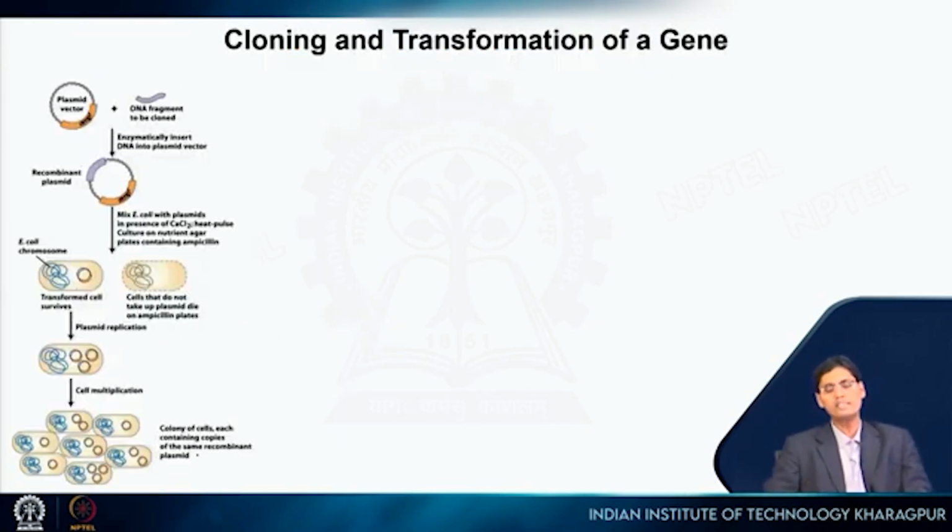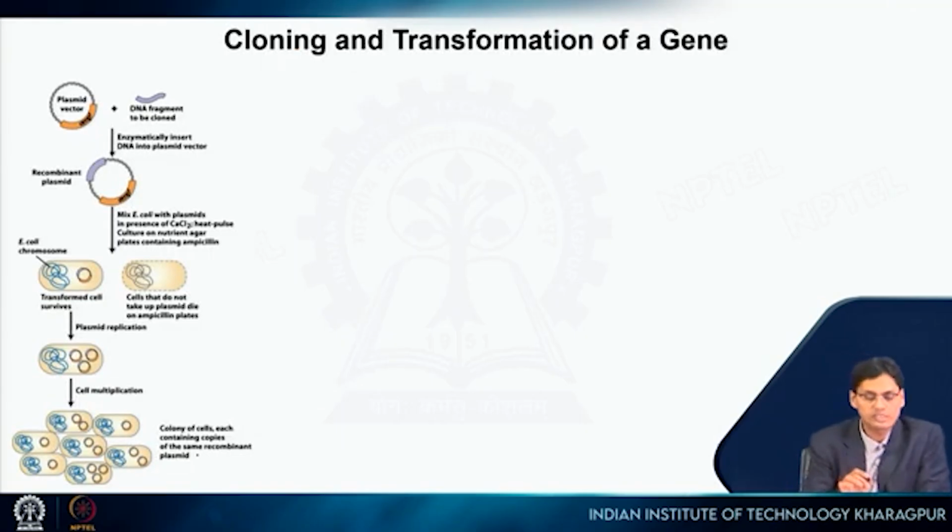Now, cloning and transformation of a gene. Here we are trying to explain briefly what I mentioned. As you can see, this is the plasmid, and it contains the ampicillin resistance gene, and this is the DNA fragment.